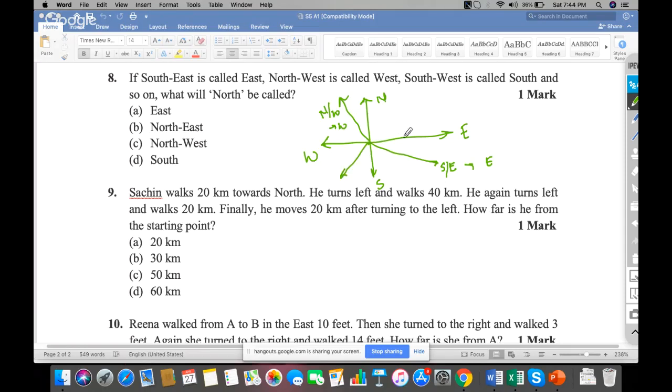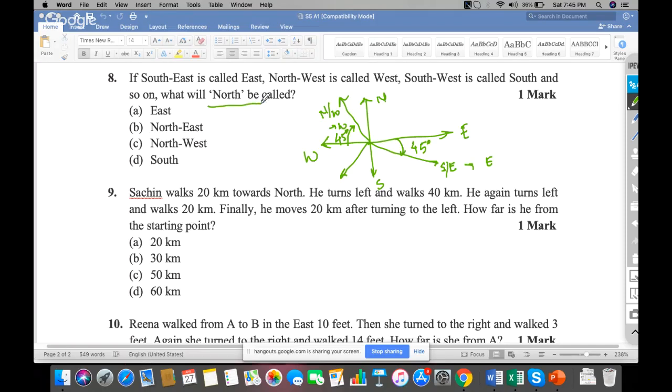So what is happening in clockwise direction? I am shifting my directions by 45 degrees. So east becomes southeast, southeast becomes south, west becomes northwest, northwest becomes west. So 45 degrees in clockwise direction.